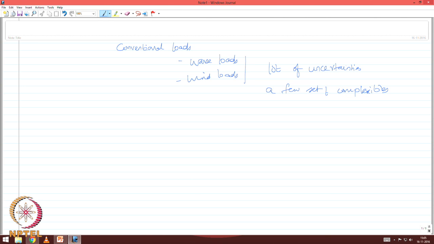Estimate of these forces and their effects on offshore platforms lead to lot of experience based decision making processes, which makes the design of offshore structures probabilistic in nature.